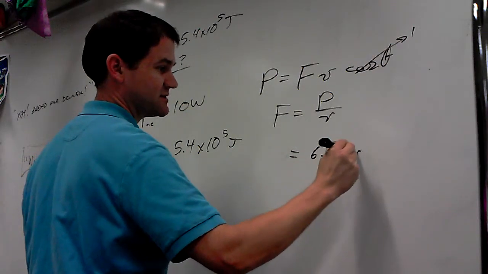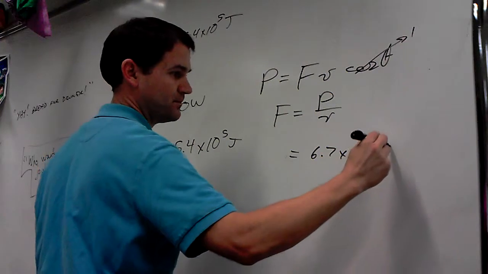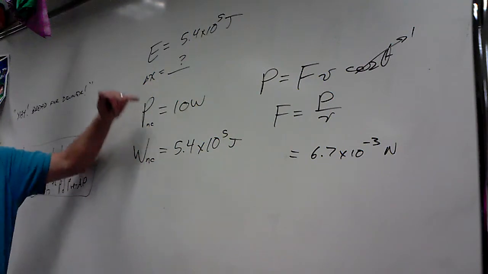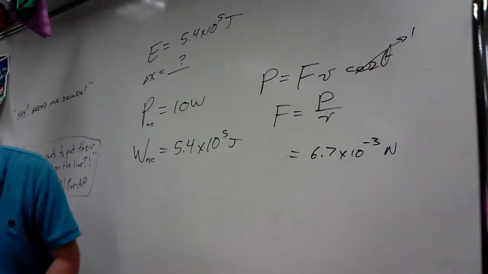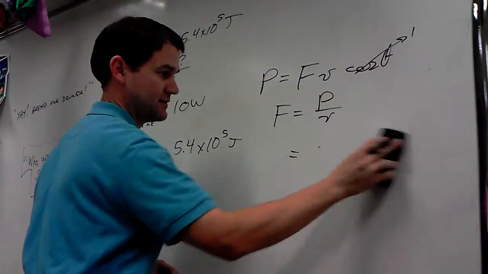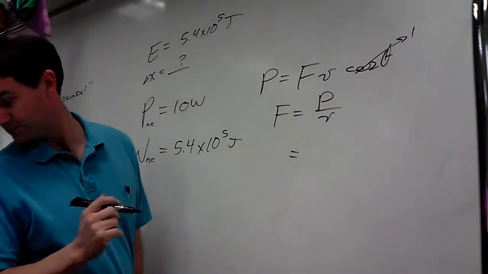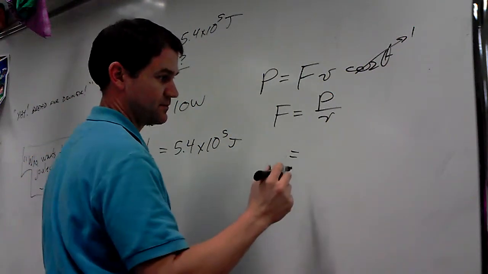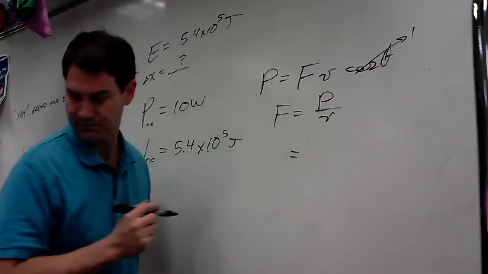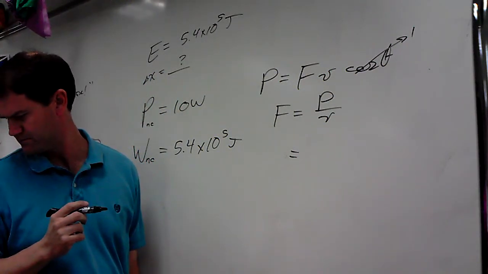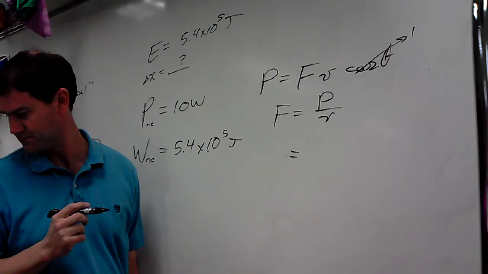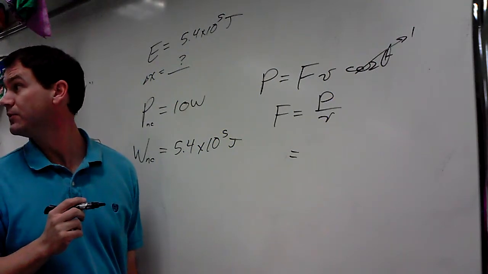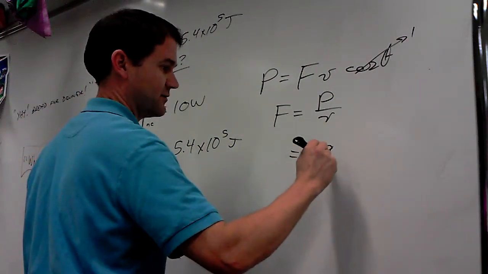6.7 times 10 to the negative 3. So 10 over 6.7 times 10 to the negative 3. That gives 1,493.